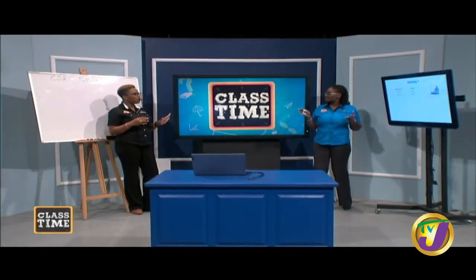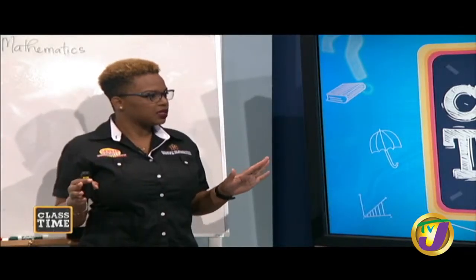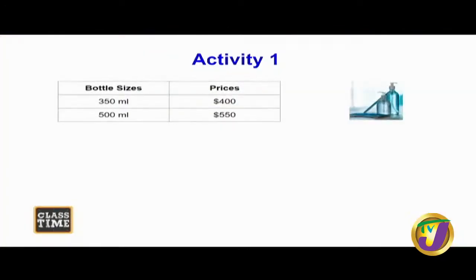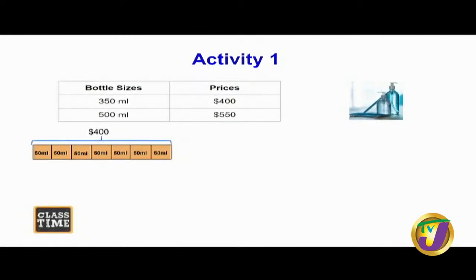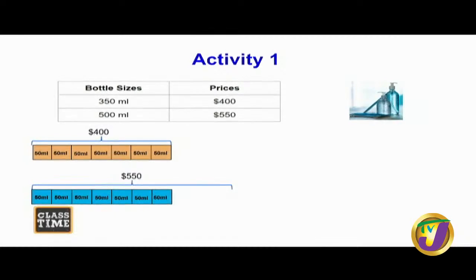Okay, so we're looking at how much you would pay for each 50 milliliters in each bottle. That doesn't sound bad. So for $400, which is within the 350 ml, we can get 7 parcels of 50 milliliters. And in the 500 ml, which is for $550, we can get 10 parcels of 50 milliliters of sanitizer.